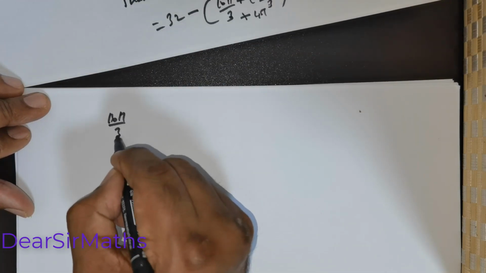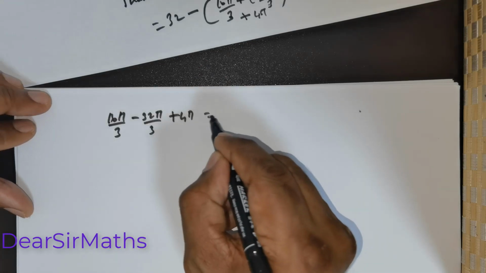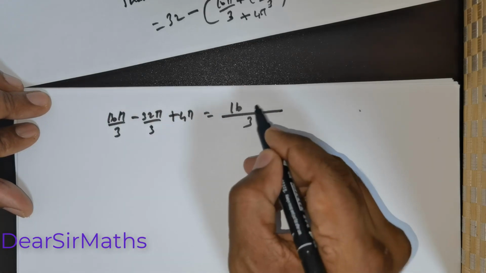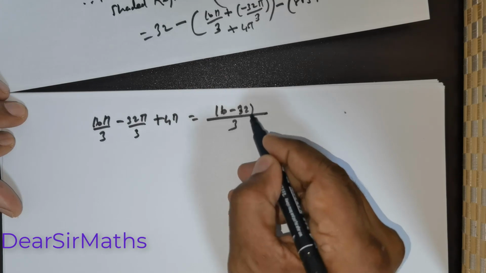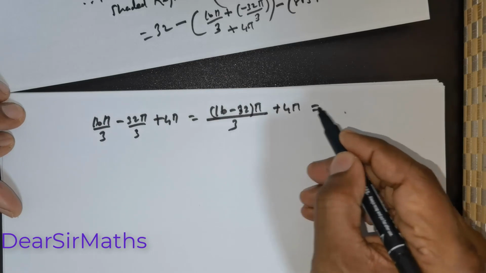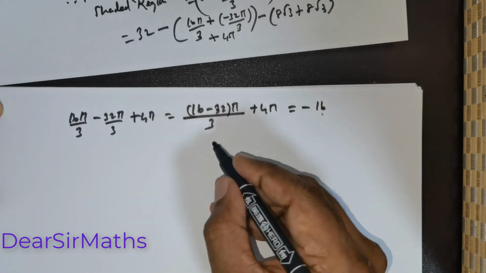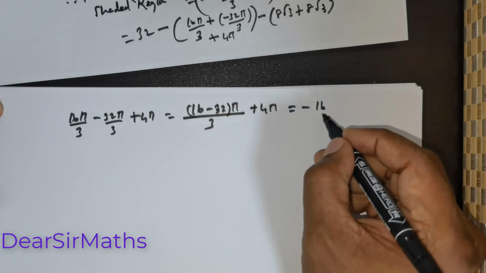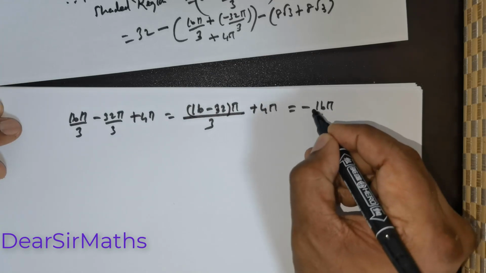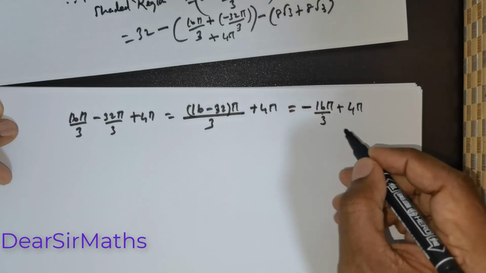16 pi over 3 minus 32 pi over 3 plus 4 pi. I'm going to be taking 3 over here. This is going to be 16 minus 32 pi plus 4 pi. So this is going to give me 16 with the pi there, but apparently we have a negative sign, divided by 3 plus 4 pi.